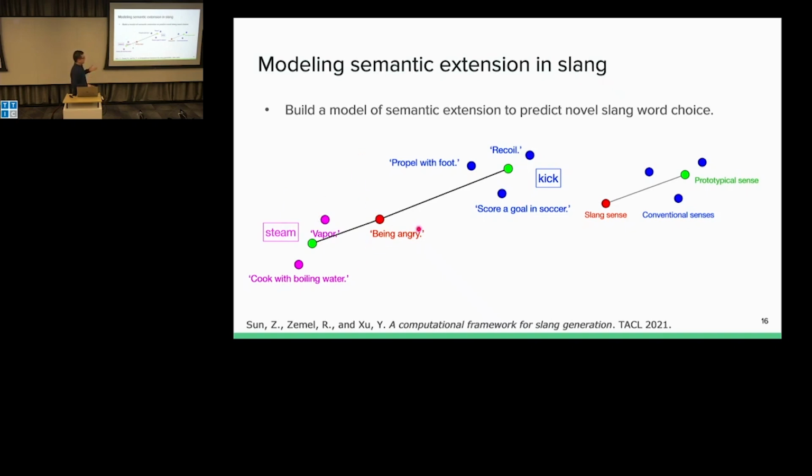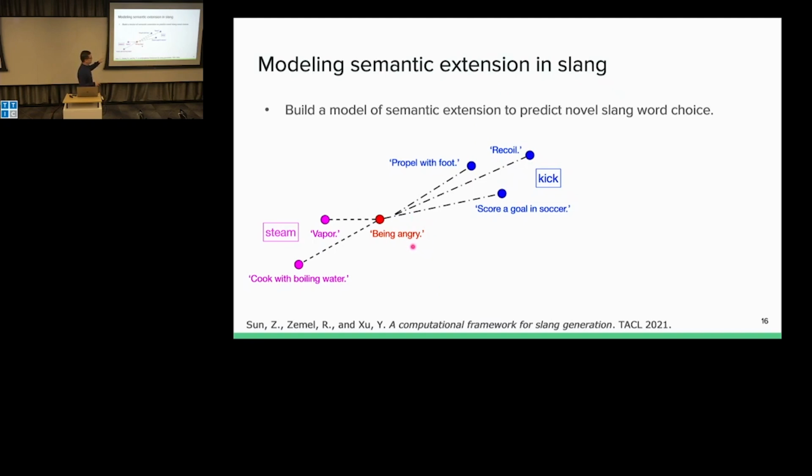Given a sense for which we are trying to generate a new word choice, in this case being angry, we compare it with each of the conventional senses of a word candidate that we're trying to use to express this sense. So the appropriateness of using the word steam to express being angry can be broken down into looking at how similar the sense of being angry is to each of the pre-existing senses of the word steam. We can try the exemplar model, and we can also do prototype modeling, which happens to work really well in this case.